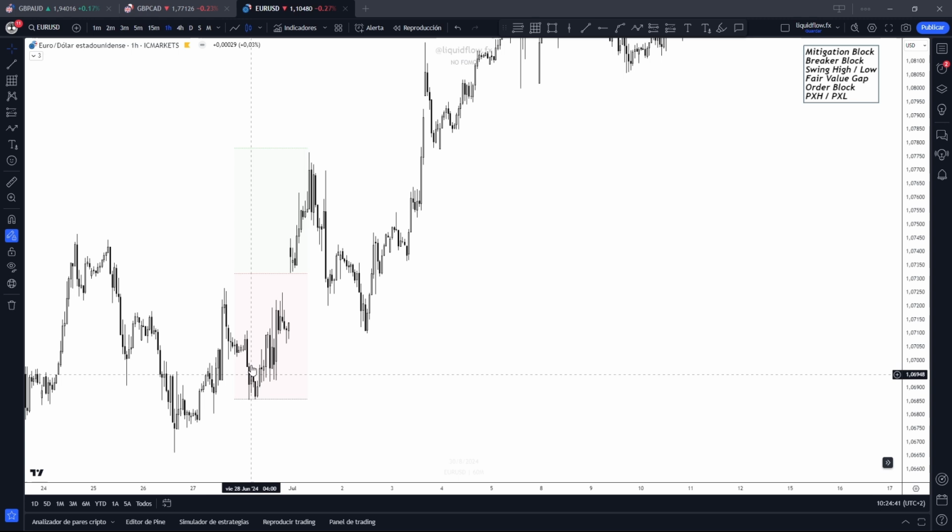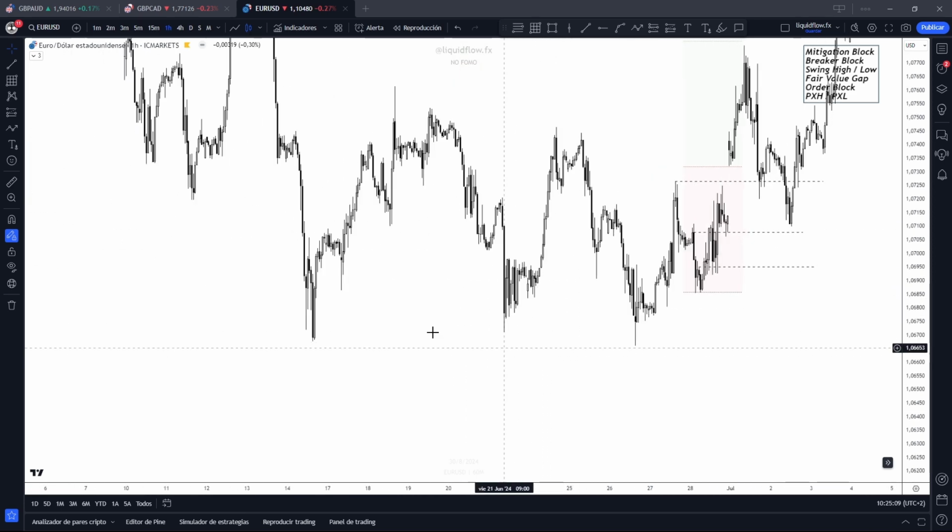From this swing low, we have first here our breaker block, and then we have a mitigation block. And below this, as you can see, this is the last change in the state of delivery. So this is our order block. You have three kinds of blocks of orders.